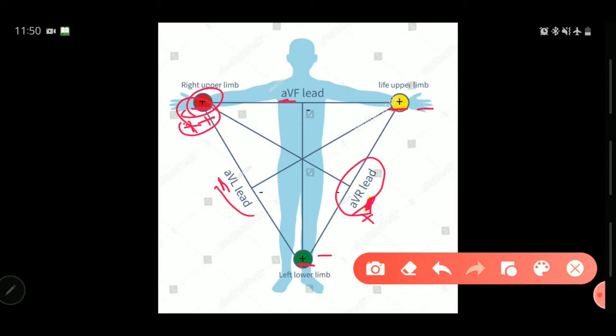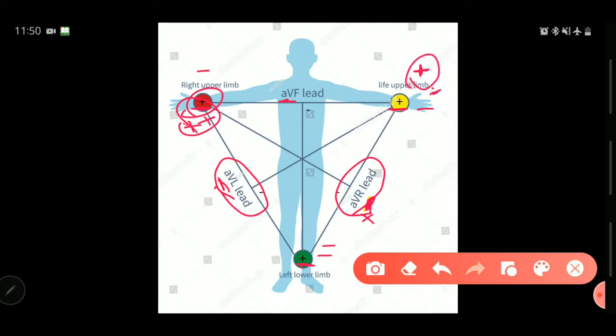For the aVL, we put the positive electrode on the left arm, while we put the negative electrodes on the right arm and the left leg, because we want to measure the potential difference and the electricity situated on the left hand.